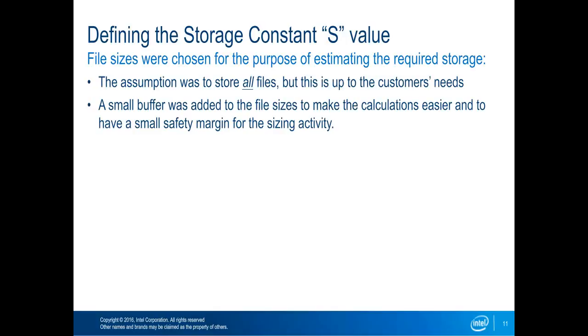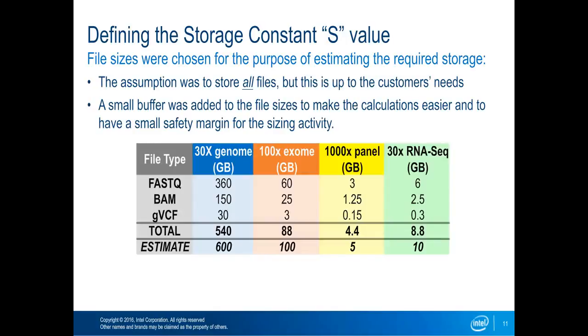But these are sort of worst case scenarios just to make sure the scale is right. So basically, for a 30x genome, you can read the numbers, but they're not insignificant numbers. I mean, 600 gigs, and much larger for 50x genomes. And these are the numbers that are used in some of the storage calculations.